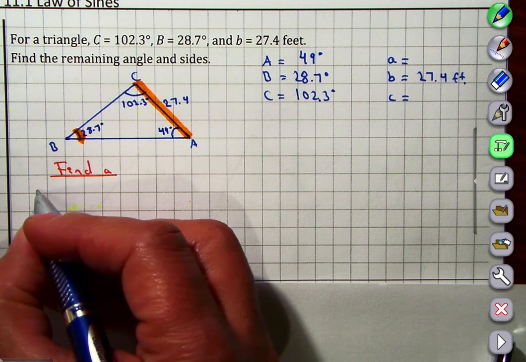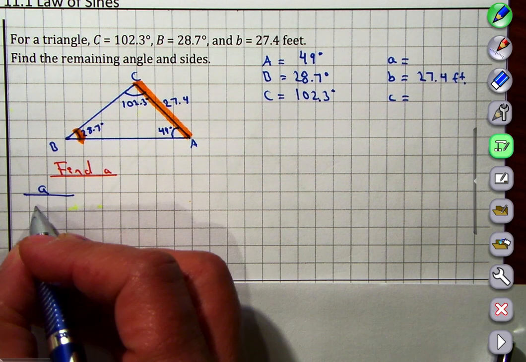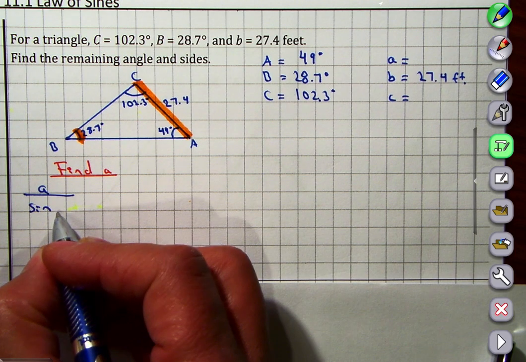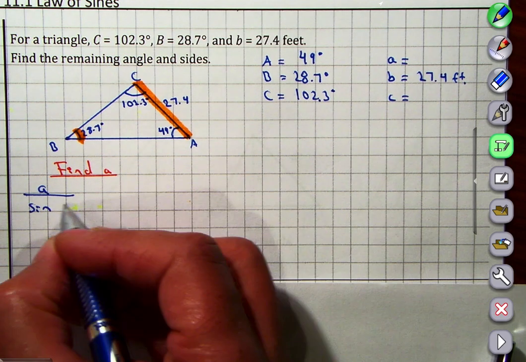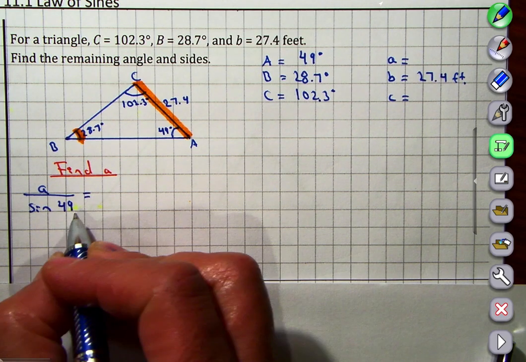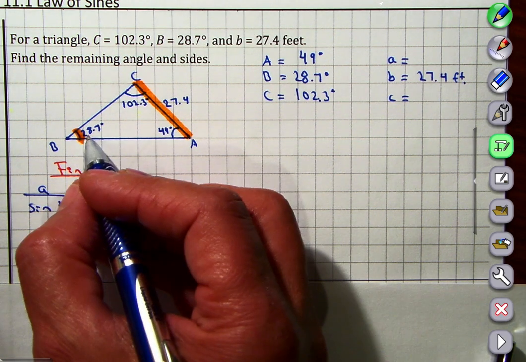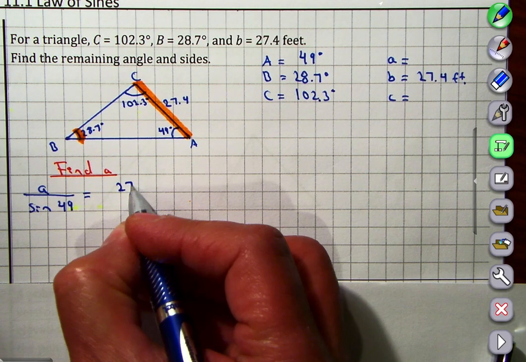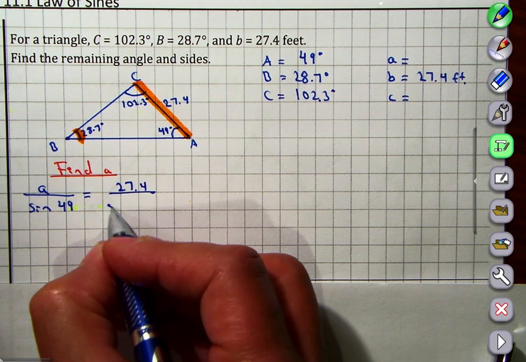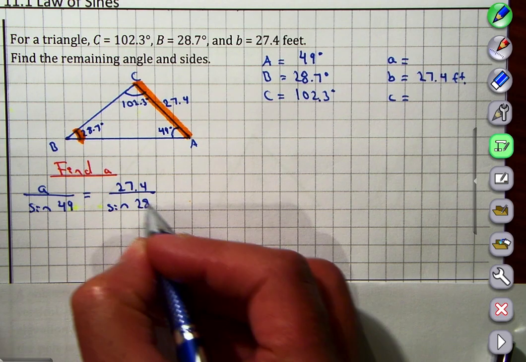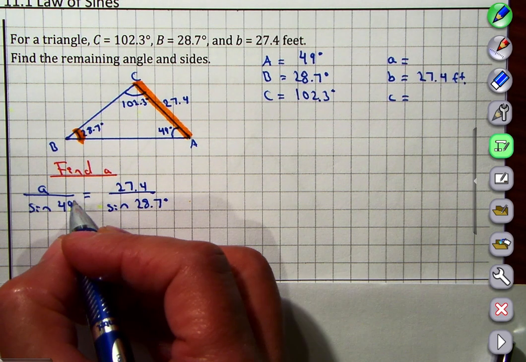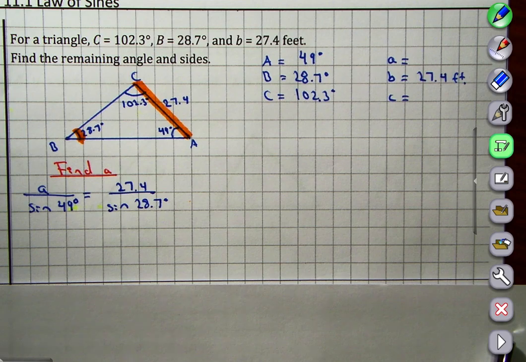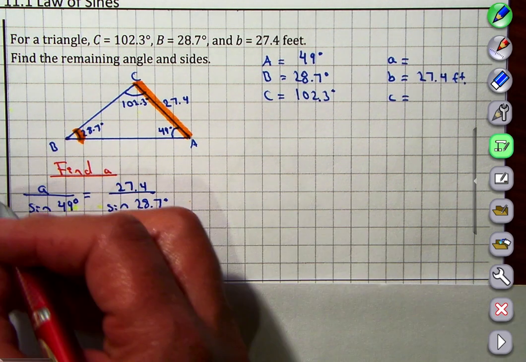So I know that side a over the sine of angle A, which is 49 degrees, is going to be equal to side b, which is 27.4, over the sine of the angle, 28.7 degrees. And let me not forget my degrees. Remember that you do need to place your degrees, otherwise that'll be the sine of 49 radians. I need to leave a by itself, so I'm going to multiply both sides by the sine of 49 degrees.